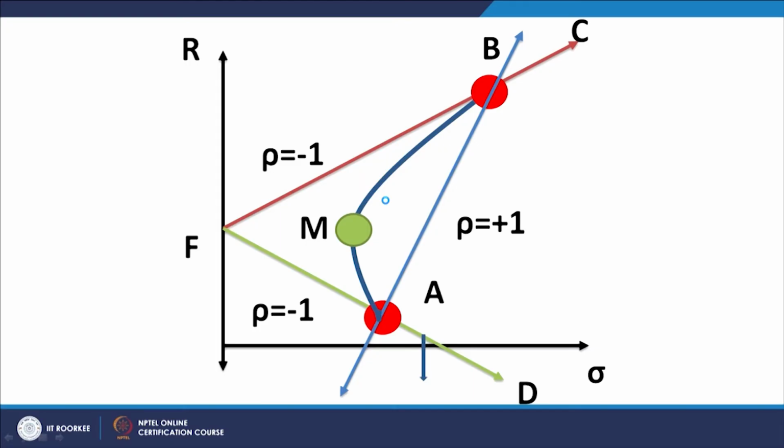The portfolio possibilities curve with short sales allowed. Now, let us look at this figure.